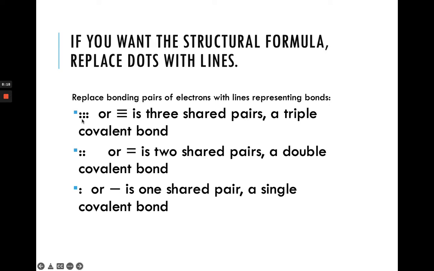So if you're sharing 6, you'll have 3 lines. Sharing 2 pairs or 4 will have 2 lines, or 1 shared pair, a single covalent bond, will have 1 pair of dots or 1 line. And again, 3 lines is called a triple bond or 6 electrons. 2 lines or 4 electrons is called a double bond, and 1 line or 2 electrons is called a single bond.